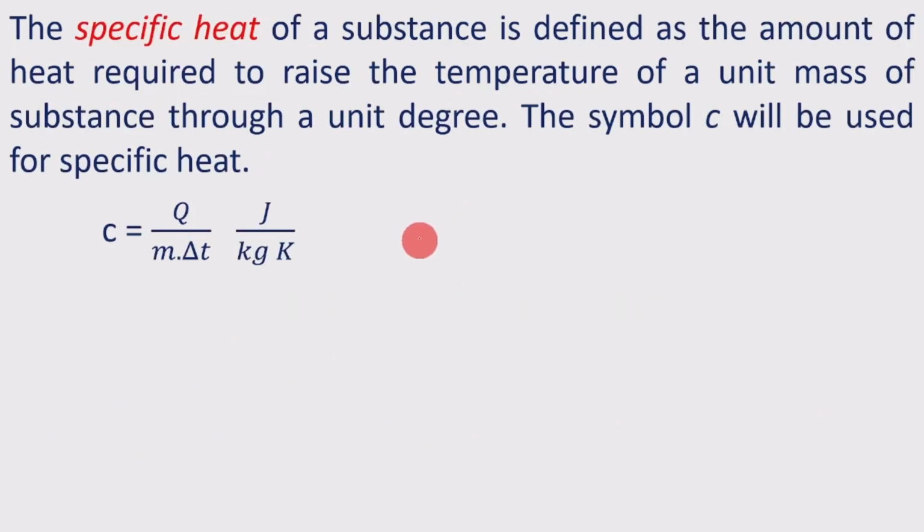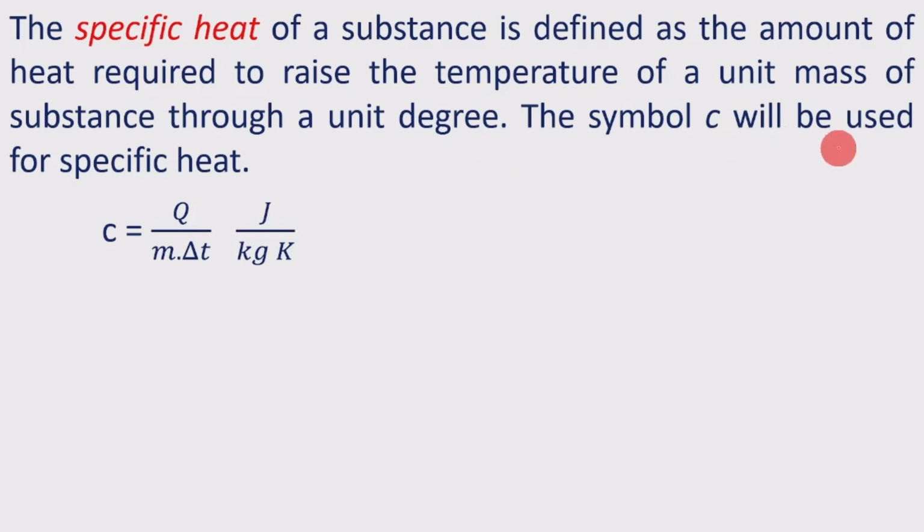Next, the other types of heat we have to discuss here. The next one is the specific heat. The specific heat of a substance is defined as the amount of heat required to raise the temperature of a unit mass of substance through a unit degree. Here, to increase the temperature of the unit mass of a substance by 1 degree, the amount of heat required is called the specific heat.